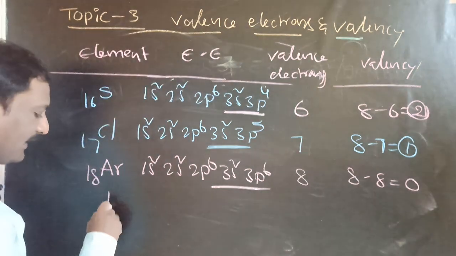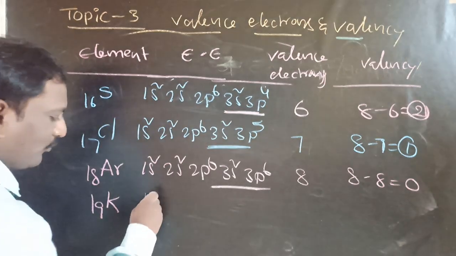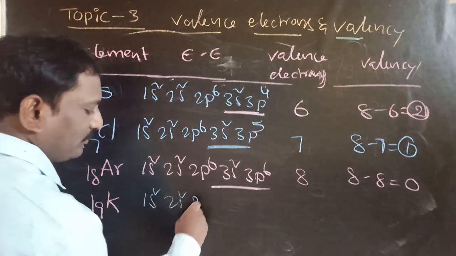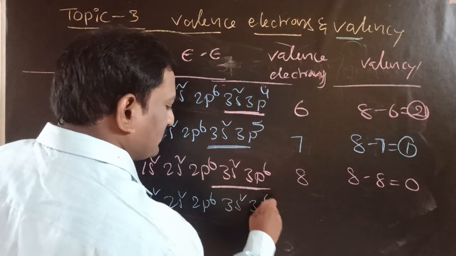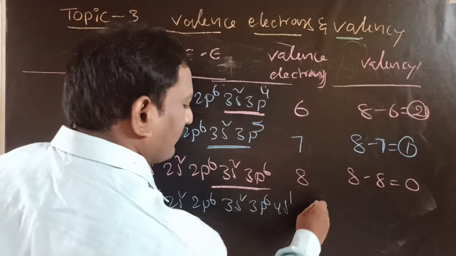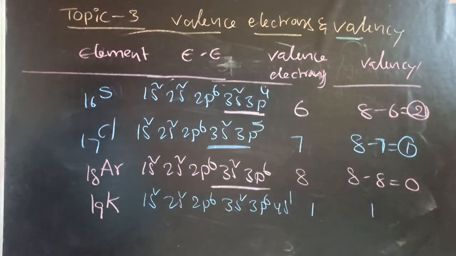Next one, 19th, potassium, 1s2, 2s2, 2p6, 3s2, 3p6, 4s1. Valence electrons 1, valency also 1. Next, the last one is calcium.